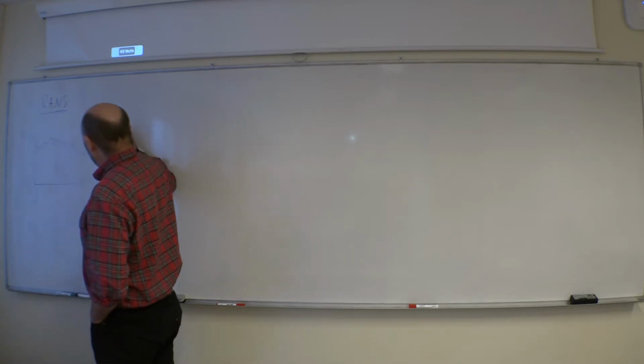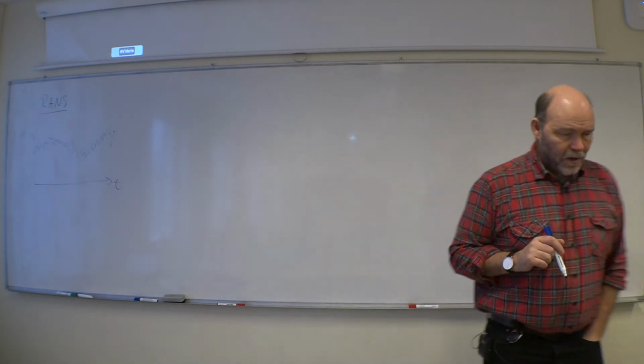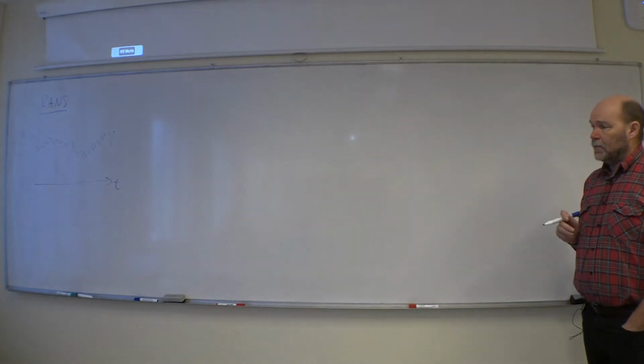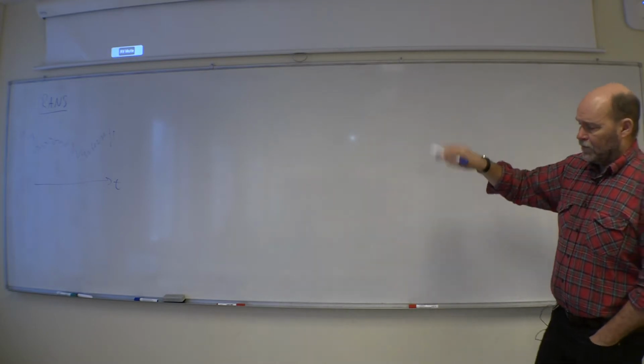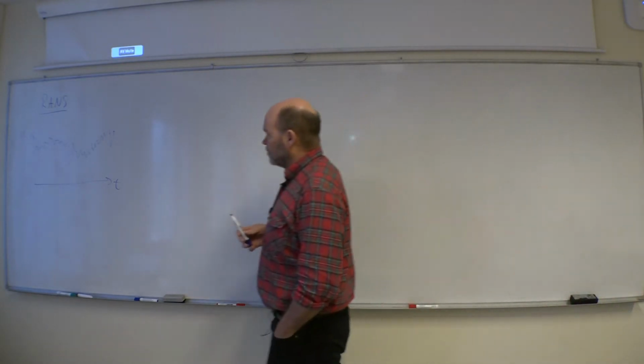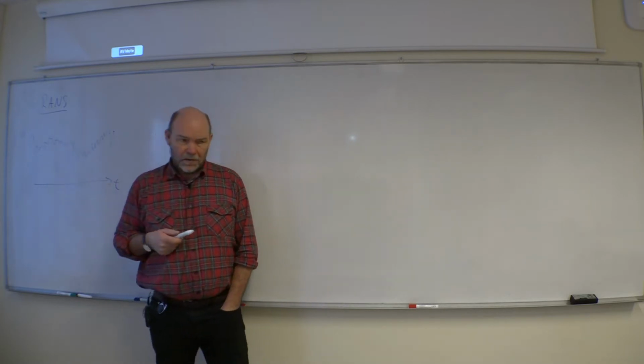Here you have a lot of information. The flow may or may not be stable. It can change with time, of course, but there are all these rapid fluctuations, typical of a turbulent signal.